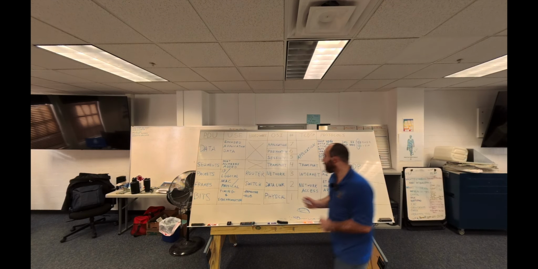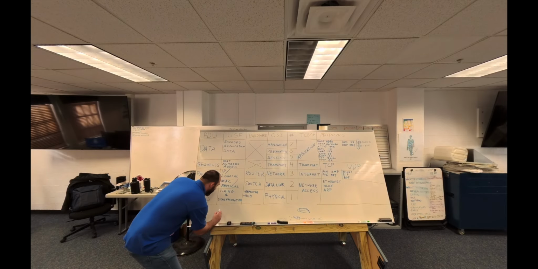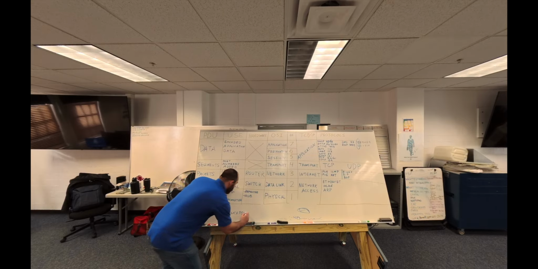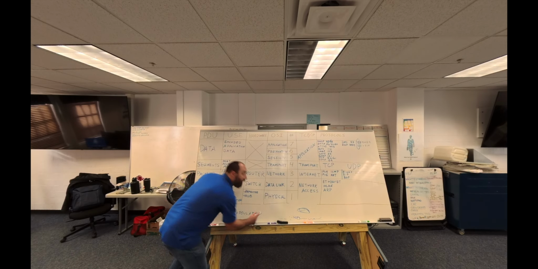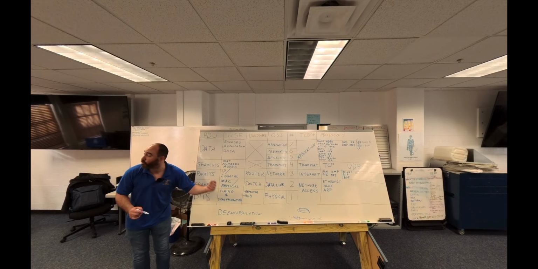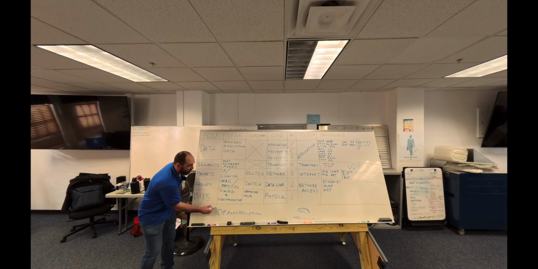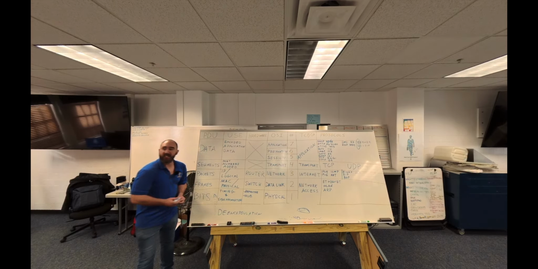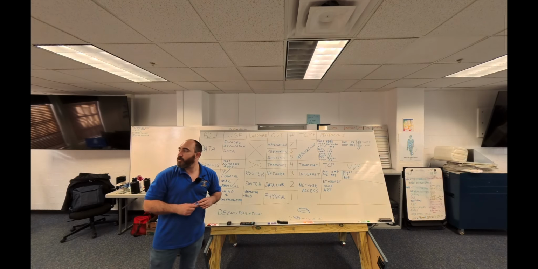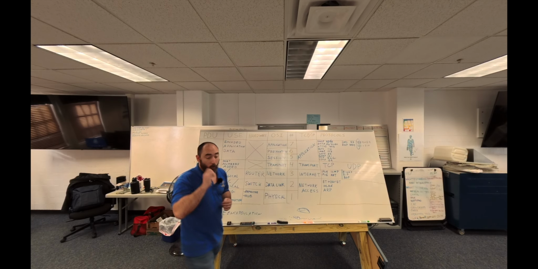So we have de-encapsulation. Just like Drake starts at the bottom. Drake, de-encapsulation D, that starts at the bottom and goes up. That's the de-encapsulation process, which we'll dive into more later.